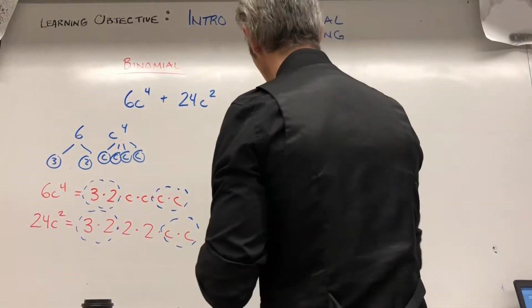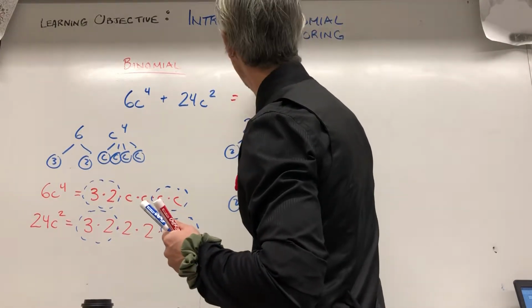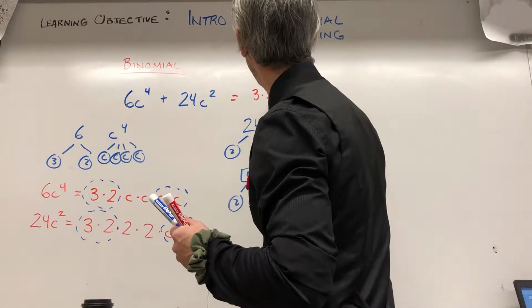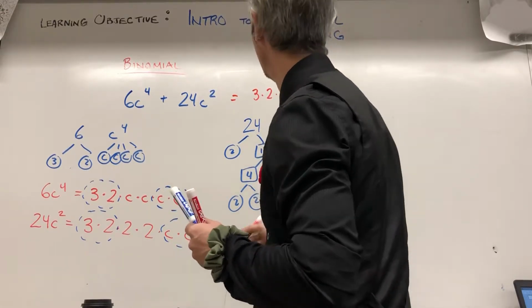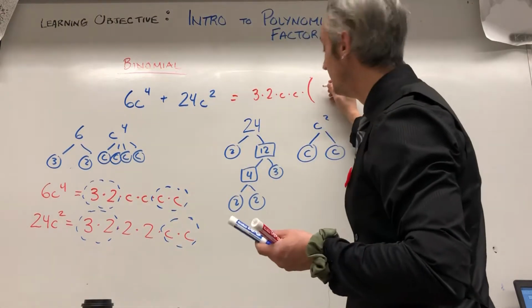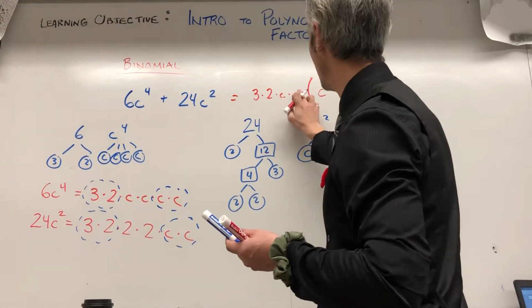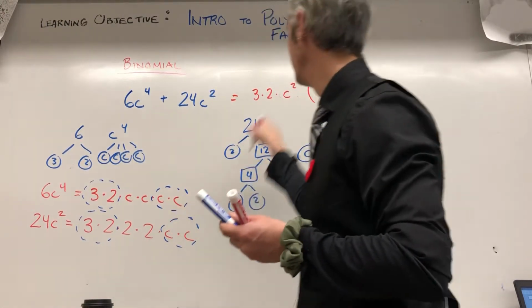So I write, this is equal to 3 times 2 times c times, open bracket, whatever's left here, c times c. So c times c is c squared, and I'm going to do that here too. This is c squared. There's 2 c's multiplied together, c squared.